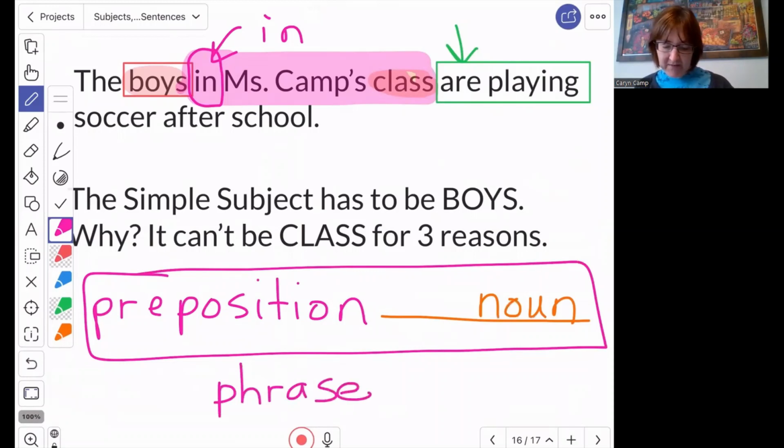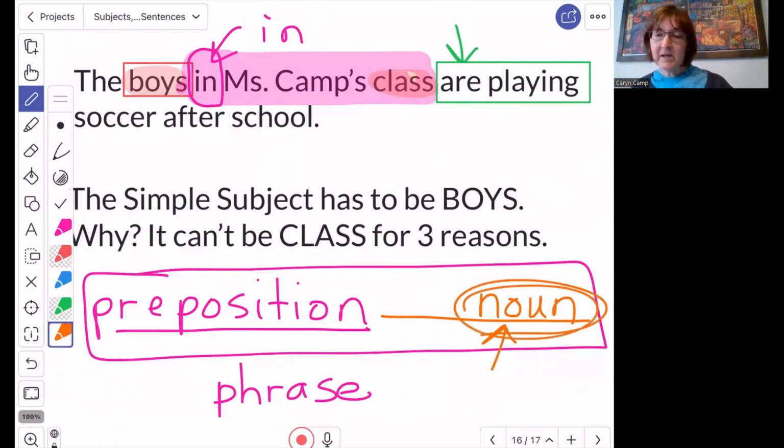So we're going to have a preposition at the beginning, that's the in, that's like the line leader, and then at the end, the caboose is going to be a noun. And this noun can never be the simple subject of the sentence. And if it's not the simple subject, we have another word for it, which is object.